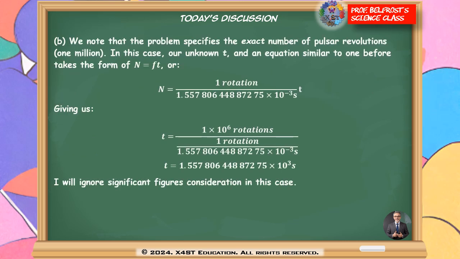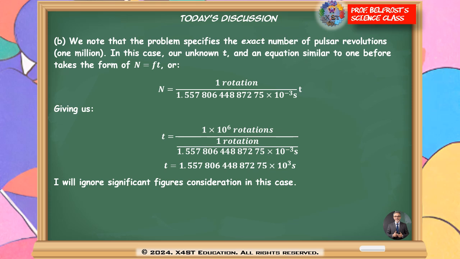Easy, right? Now the second one, we want to express the time taken. We need to know the exact number of pulsar revolutions, and the time it takes for the pulsar to rotate 1 million times. So here's the formula. We just need to use the previous equation and rearrange the terms, as shown in the slide.